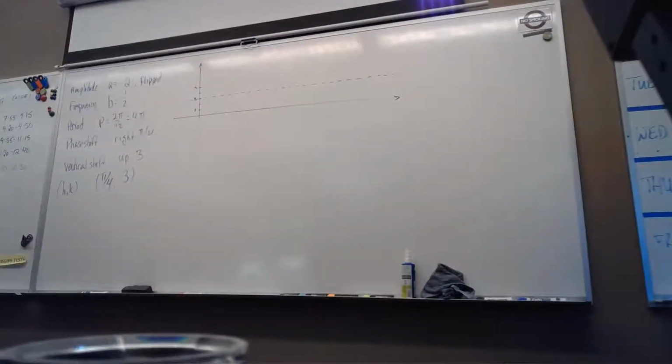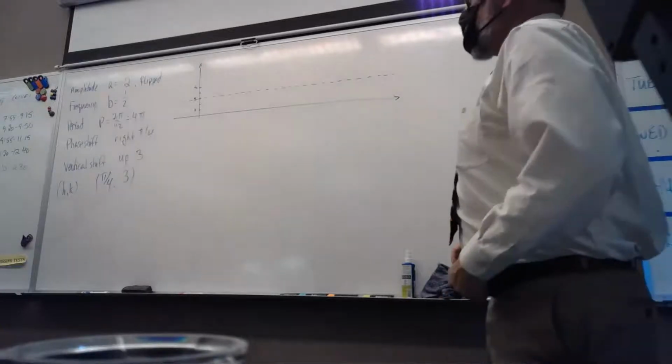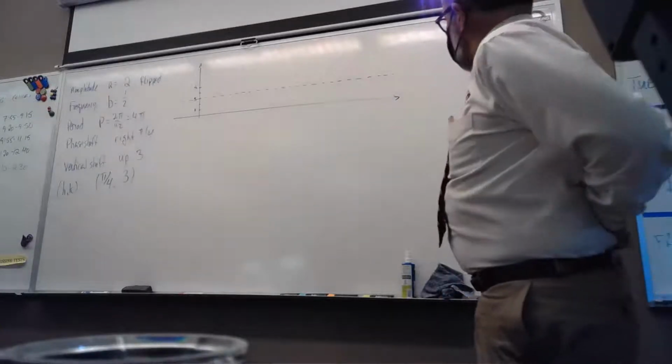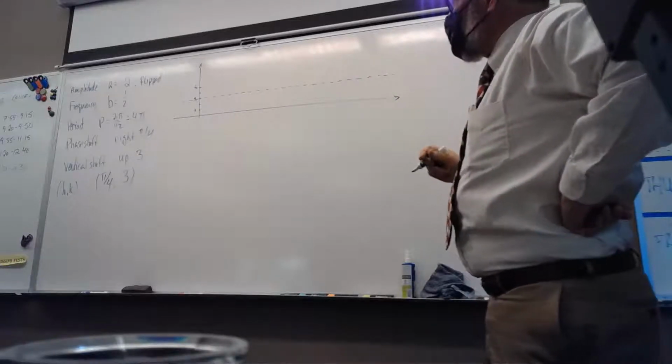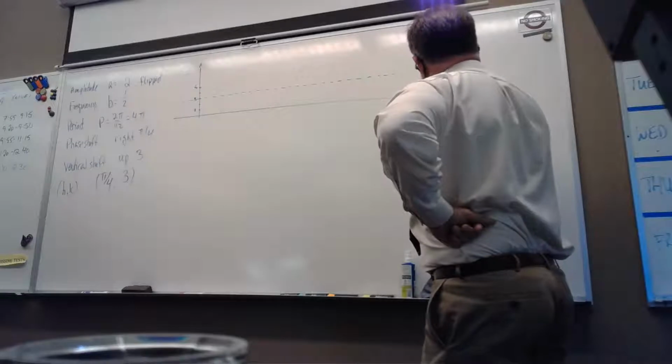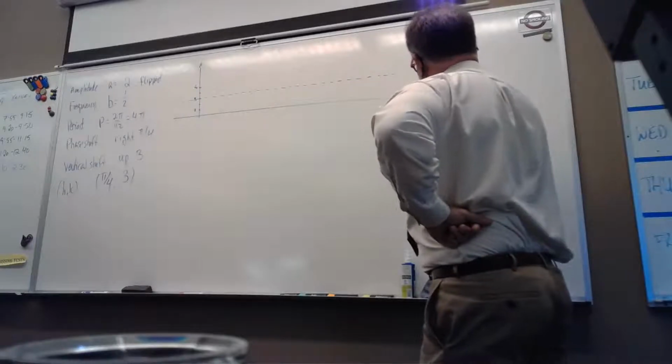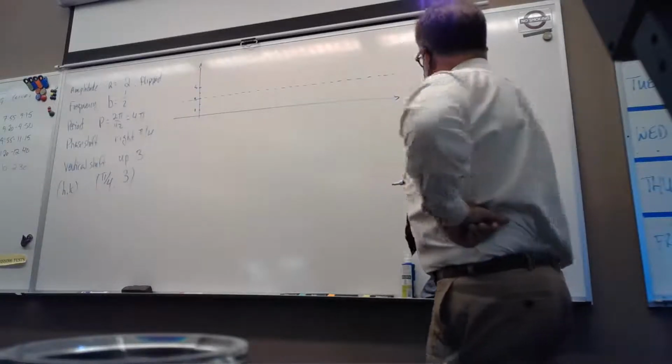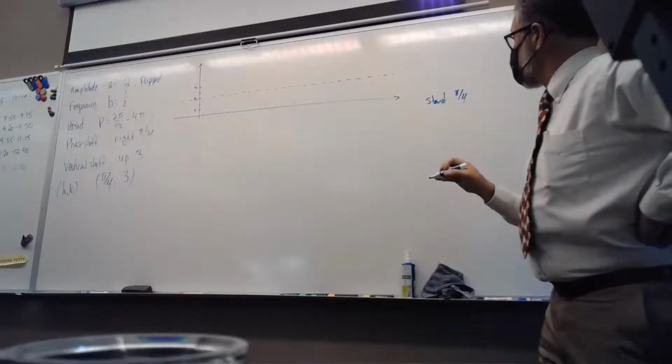Cool. Thank you, Akil. There's my center line. Mark, where's my starting point? Your starting point is at pi over 4. Okay. Were you going to say 3? So, coordinate.